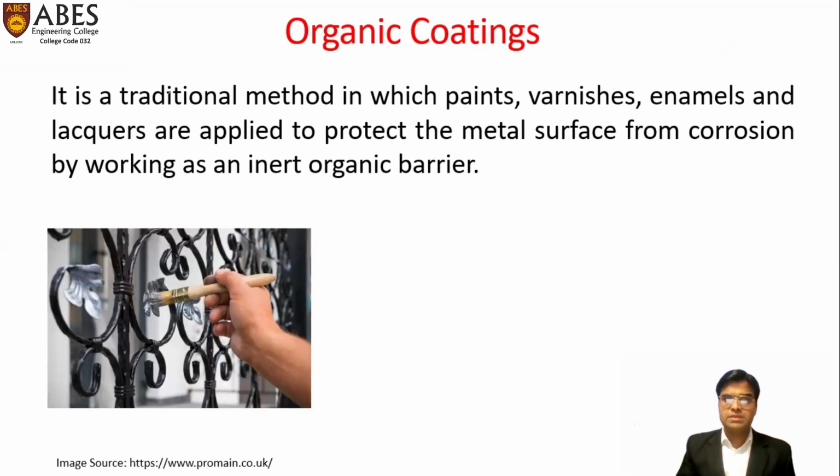The organic coatings. Application of the organic coatings is the traditional method in which paints, varnishes, enamels, and lacquers are applied to protect the metal surface. This is how they prevent corrosion by working as an inert organic barrier.